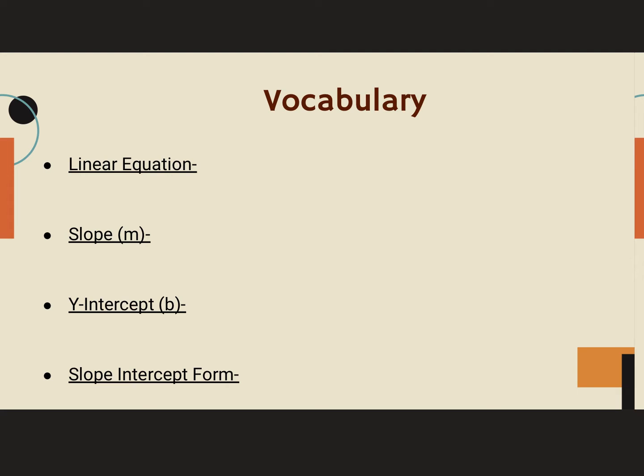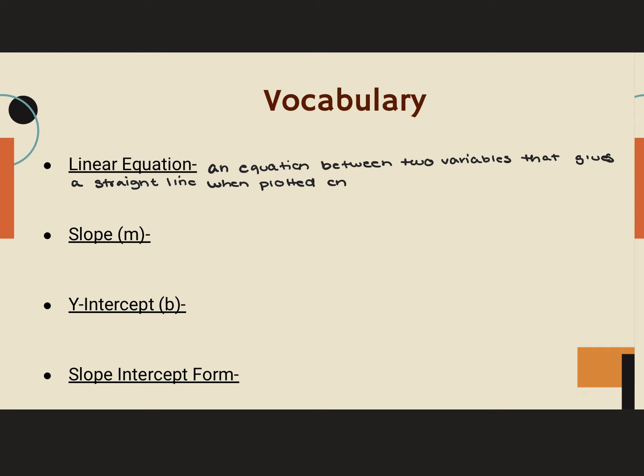A linear equation is simply an equation between 2 variables that gives a straight line when plotted on a coordinate plane, or we can say graphed on a coordinate plane.